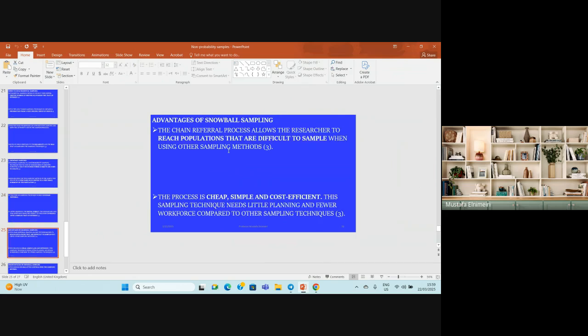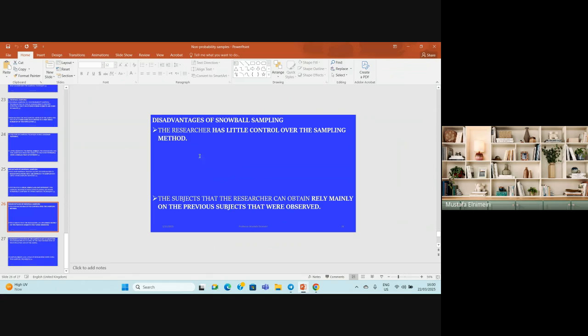An advantage of snowball sampling is that the referral process allows the researcher to reach populations that are difficult to access or to sample when using other sampling methods. The process is cheap, simple, and cost efficient, and needs little planning and fewer workforce for collection of data compared to other sampling methods.